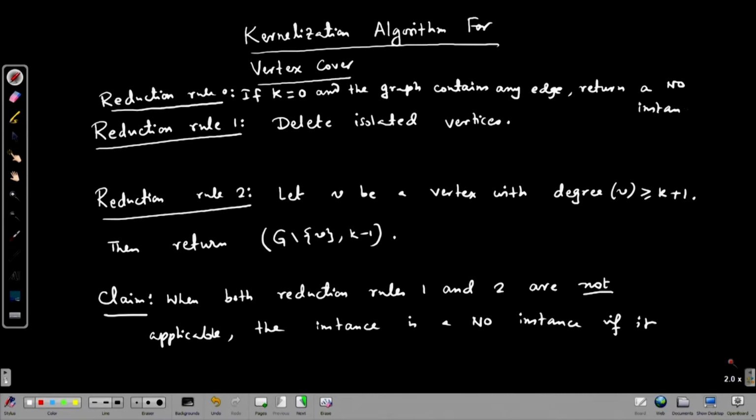Recall, a kernelization algorithm does not solve the problem, it outputs an equivalent instance. So in this case, if k is 0 and there is some edge, then the instance is a no instance, and it simply outputs some trivial no instance, maybe a graph with two vertices and an edge, and the budget is 0, something like that.